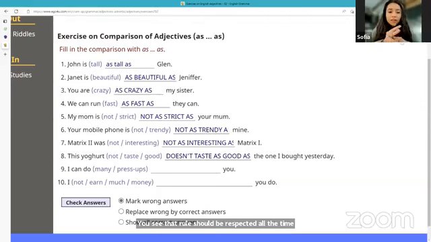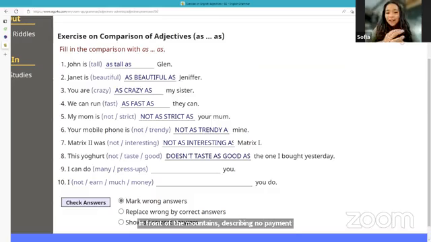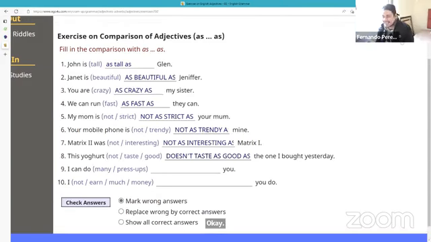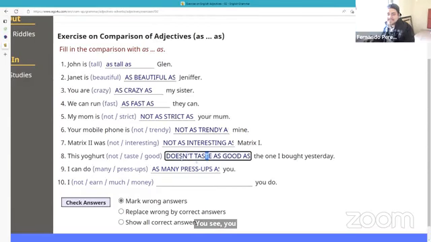So it's as many press ups as you. Exactly. Because the word many is describing press ups. You see, you cannot separate these two. Similar to what happened here: doesn't taste. You cannot interrupt this with an as.